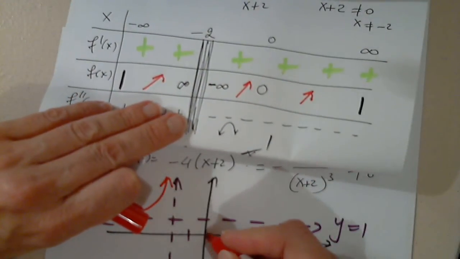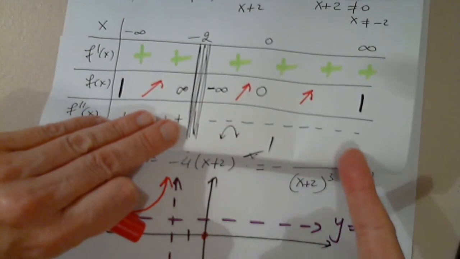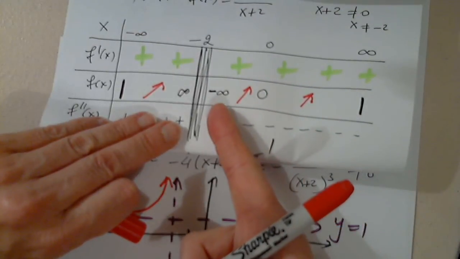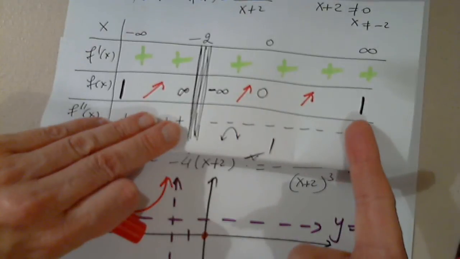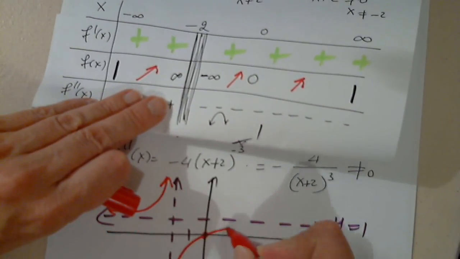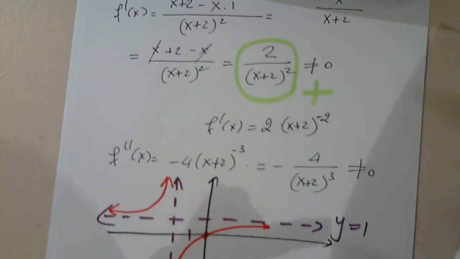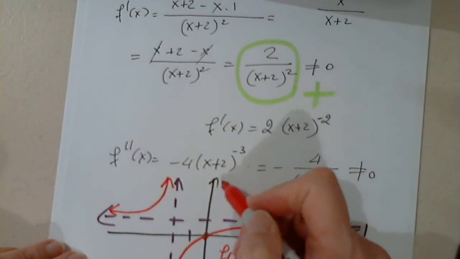On the other side, it crosses at 0, 0. It opens downward at all times. It increases at all times, coming from negative infinity, crossing the x-axis at the origin and going to 1, approaching 1. And this is the graph of x over x plus 2.